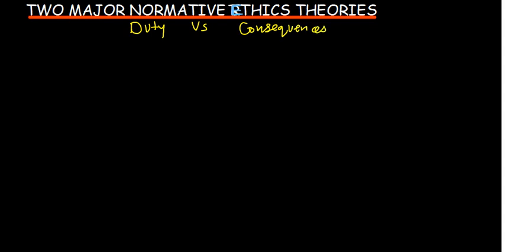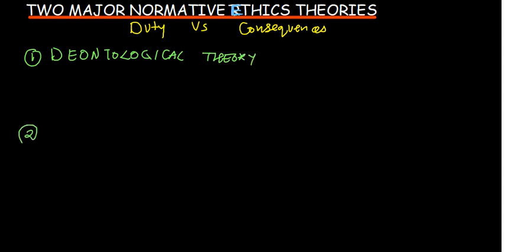One of these theories talks about duty, another one talks about consequences. The first one here is deontological theory, or deontology. And the second one, let me put it here, is utilitarianism.